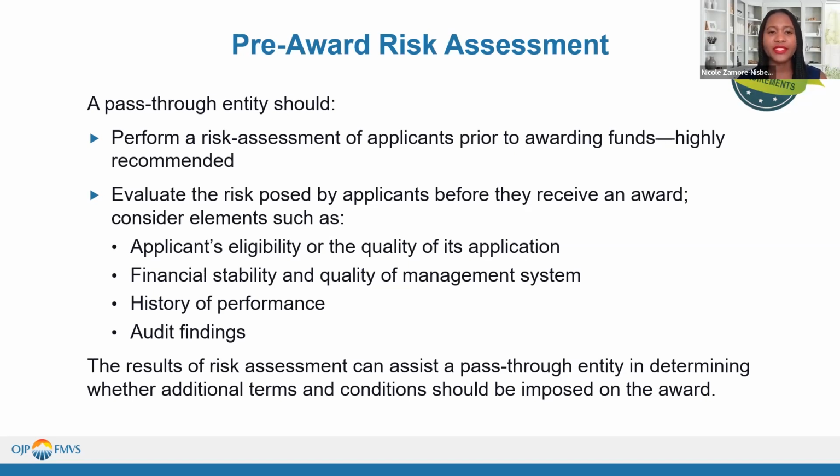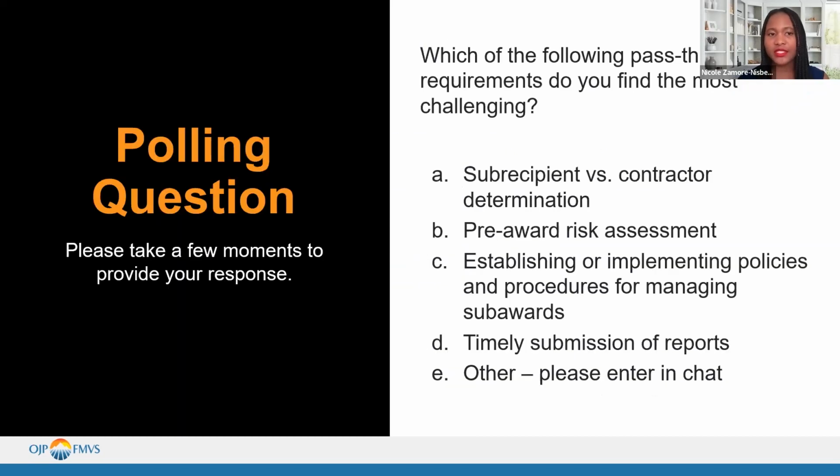So right now we're going to take a brief moment to conduct a polling question. It should pop up on your screen. I'm going to read it and then I'll give you an opportunity to answer the question. Which of the following pass-through requirements do you find the most challenging?